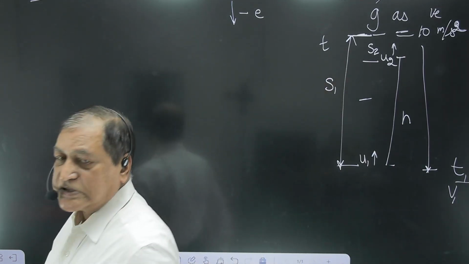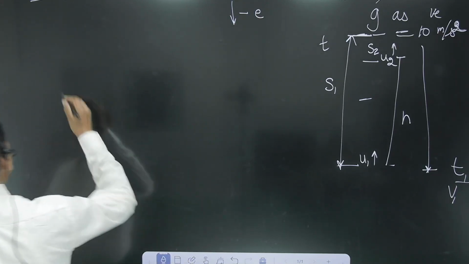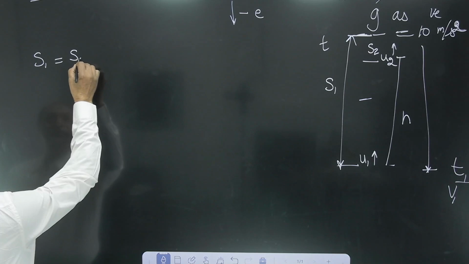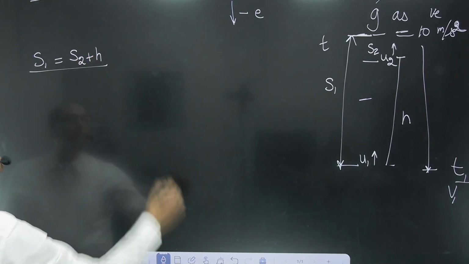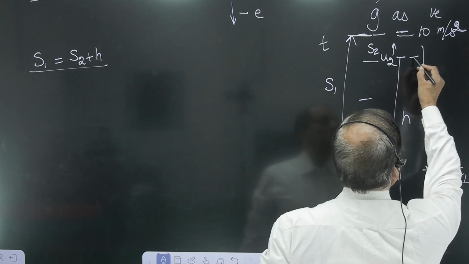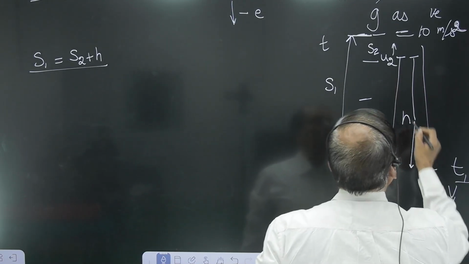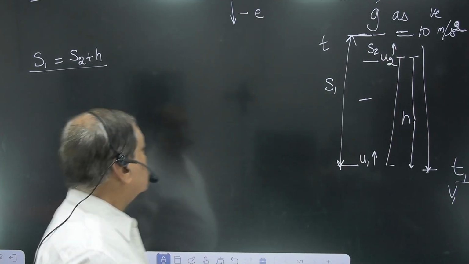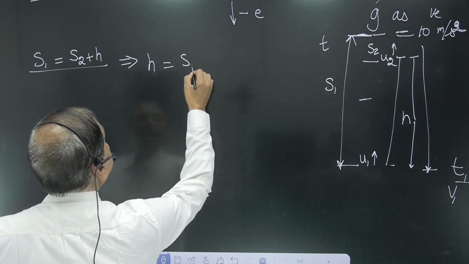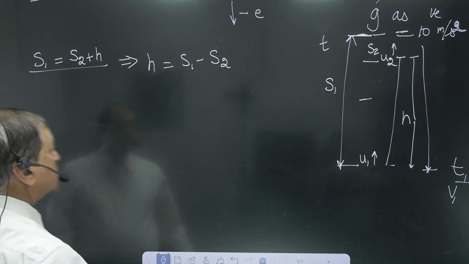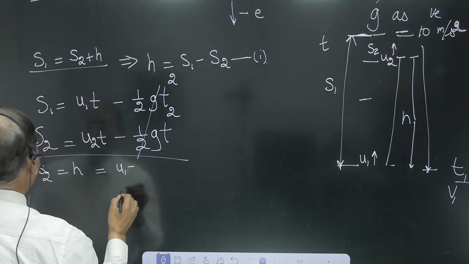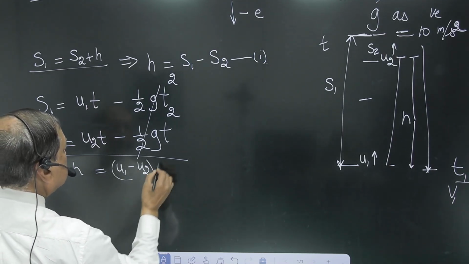The very simple equation that comes to our mind first is that S1 is equal to H plus S2, or we can write H equal to S1 minus S2, which is equal to u1 minus u2 into T, as T is common.